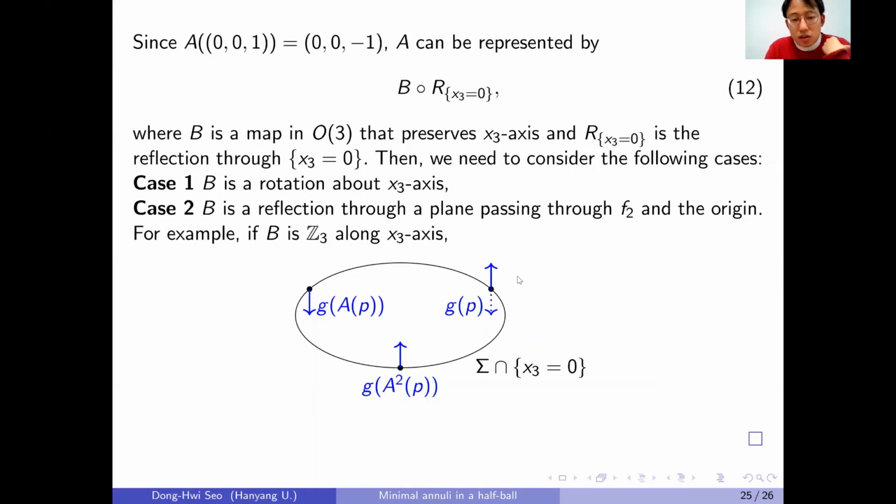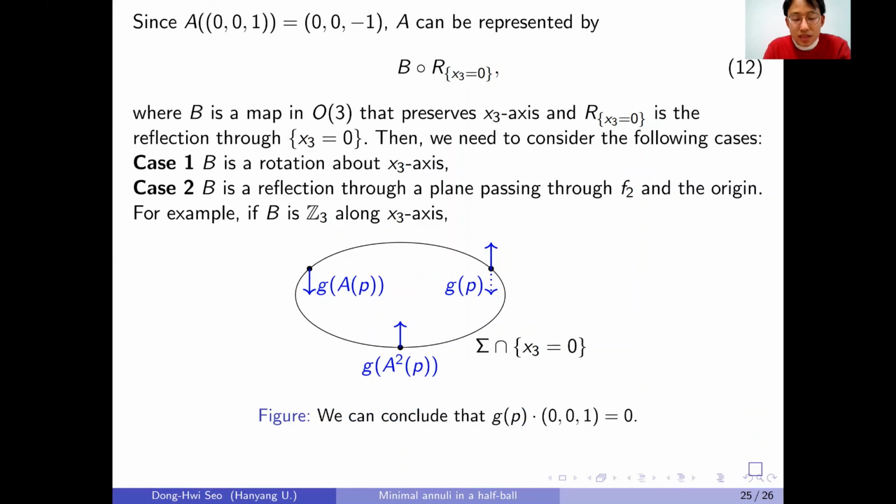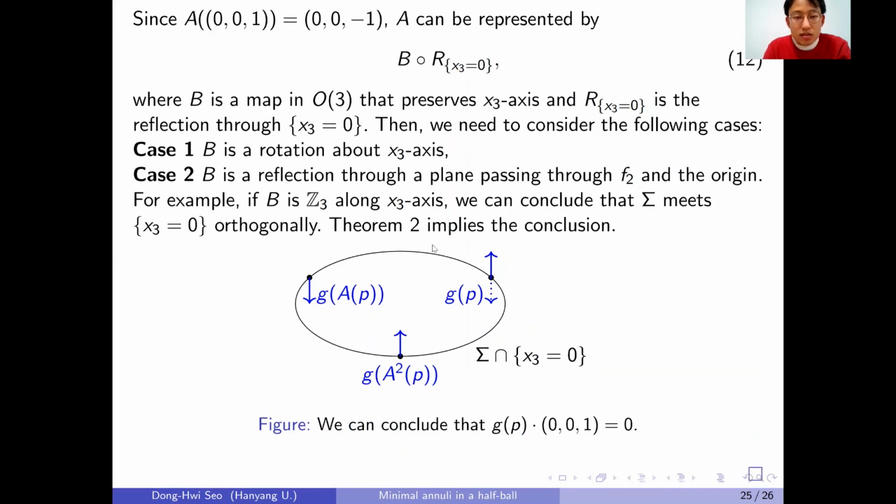So it says that the x3 coordinate of the Gauss map at P should be 0. That says sigma meets the equatorial disk perpendicularly. So the half-ball theorem says sigma should be congruent to the critical catenoid.